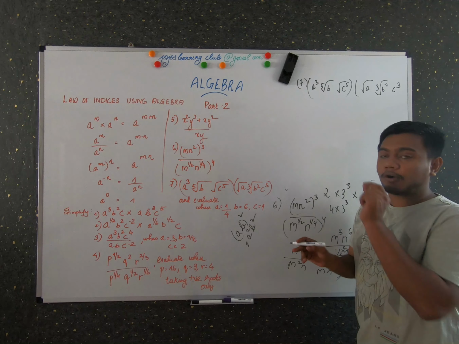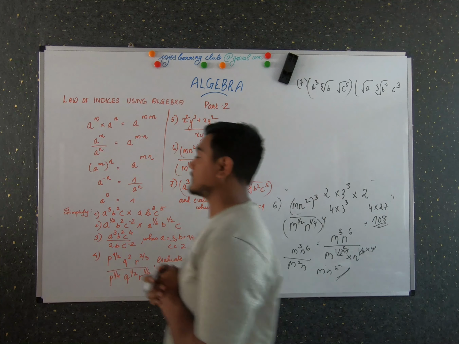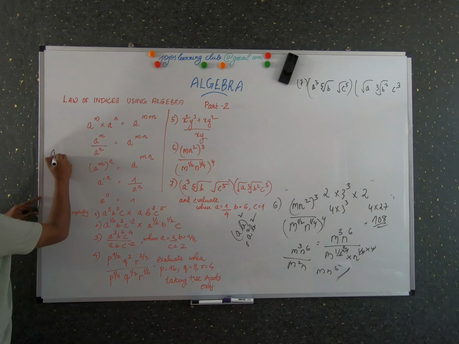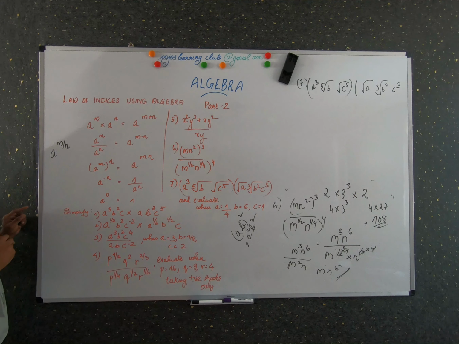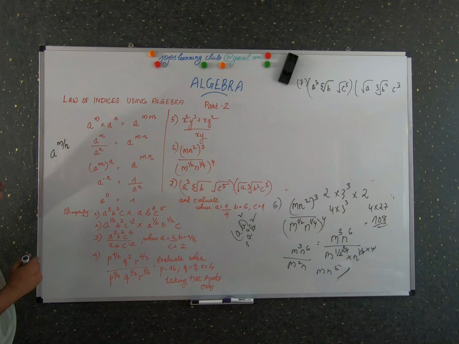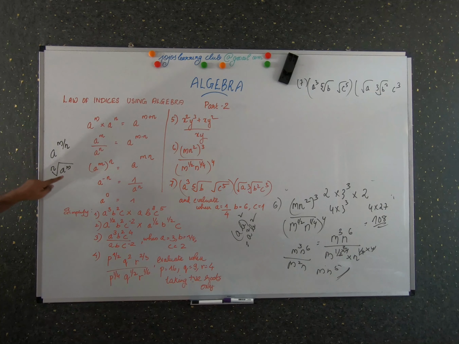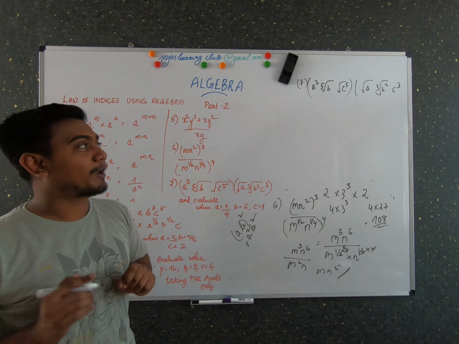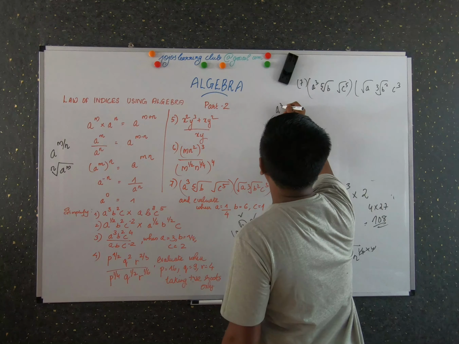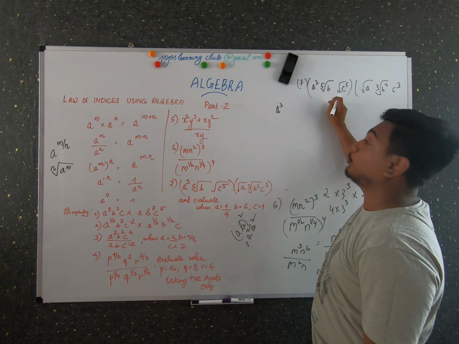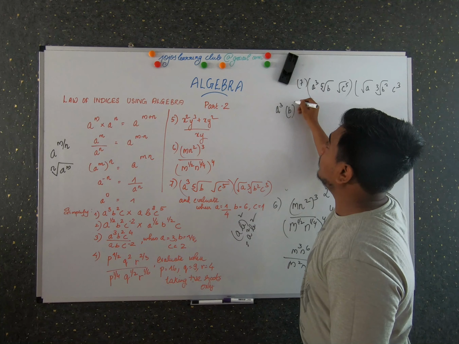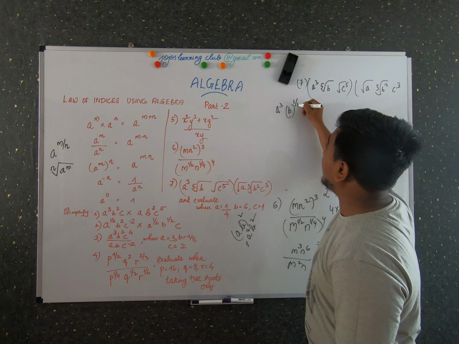Before that, I forgot to mention one more law of index, that is a raised to m by n, which is also a law of indices, where you can write it as the nth root of a raised to m, where the numerator is the power and the denominator is the root. So we are going to apply the same for this formula too. So let's take a cube, and as I said, it is the 5th root of b, so b raised to 1 by 5, since when there is nothing given it is 1.